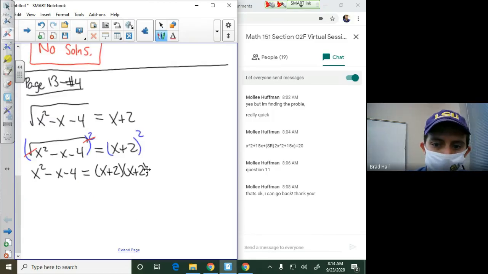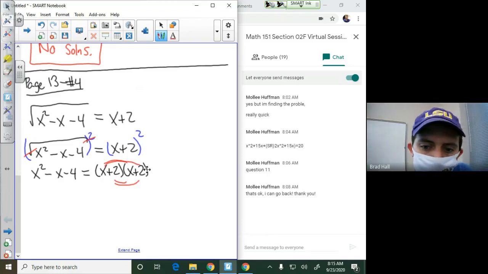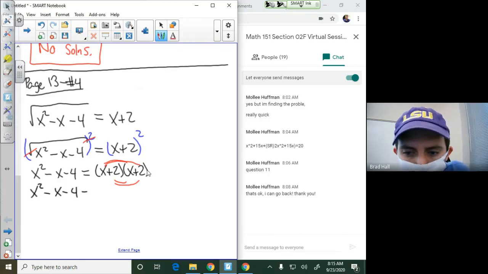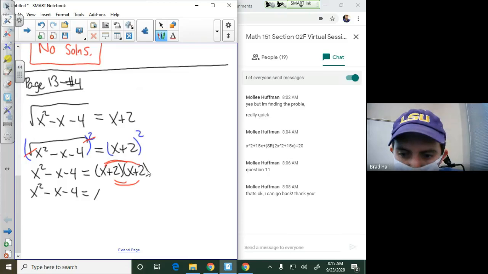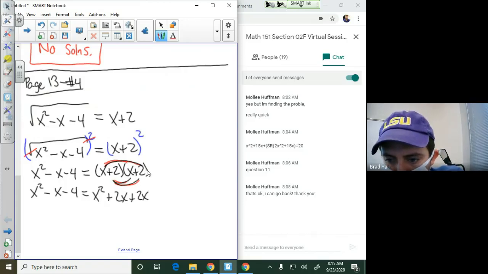So we're going to go ahead and FOIL this. X squared minus x minus 4 is equal to, well, when we FOIL this, x times x is x squared, plus x times 2 is 2x, plus 2 times x is another 2x, plus 2 times 2, which is 4.